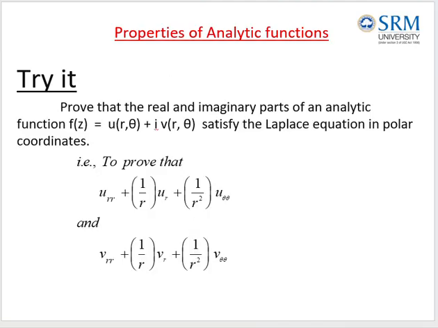Next we are going to see a similar property in terms of polar coordinates, polar form. Here the same real and imaginary parts of an analytic function, u and v, are expressed in terms of r and theta. They should satisfy the Laplace equation in polar form. In a similar way, we take the given statement, that the function is analytic. If the function is analytic, we know it satisfies the CR equations. So we need to take the CR equations in polar form.